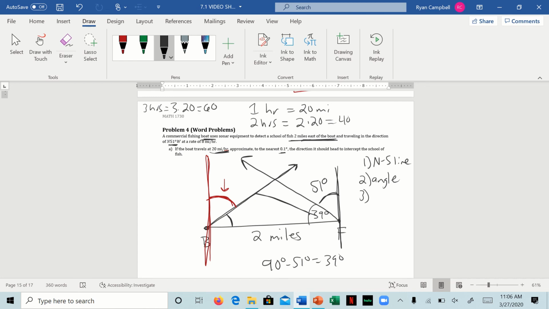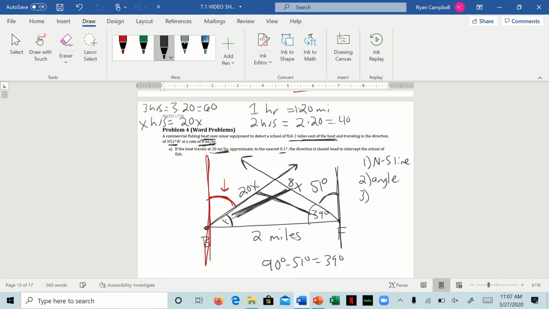So if we don't know how many hours, let's say it's x hours, then how far are they going? If we're using our pattern, it should be 20x miles. So this is just 20x. In a similar way, the fish, going 8 miles per hour, this distance is just going to be 8x. So now we can use this across with the 20x, and this across with the 8x.